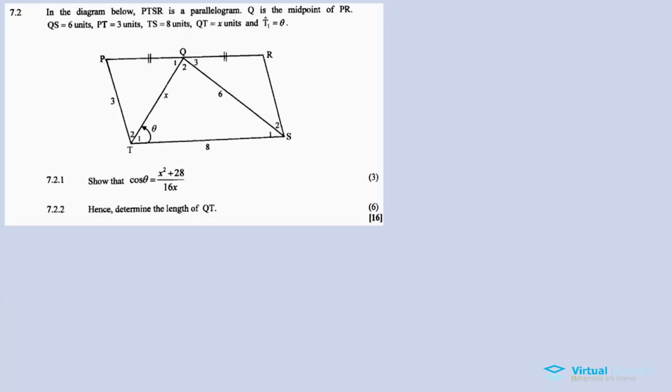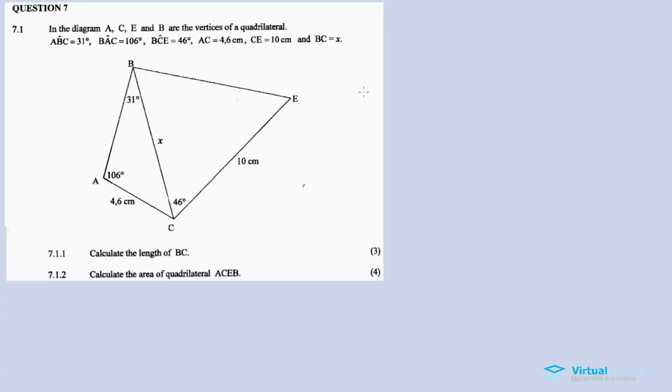Now, this is a two-part question. There is 7.1 and there is also 7.2, right? In 7.1, in the diagram, A, C, E and B are the vertices of a quadrilateral. ABC is equal to 31 degrees.